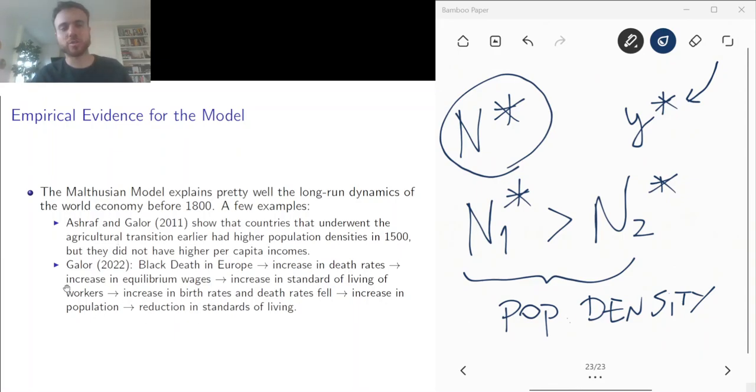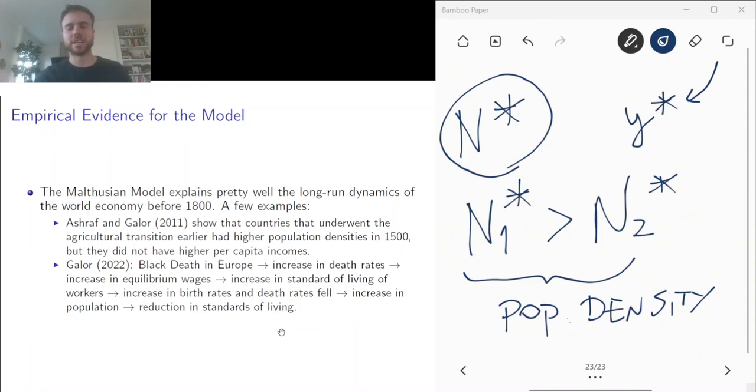And there is a very cool case, which is in Galor's book, The Journey of Humanity, which is the case of Black Death in Europe. So we know that Black Death in Europe caused an increase in death rates. Almost one third of Europe died because of the Black Death. Then there were fewer workers to work the land, so there was an increase in equilibrium wages, and this resulted in an increase in standard of living of workers.